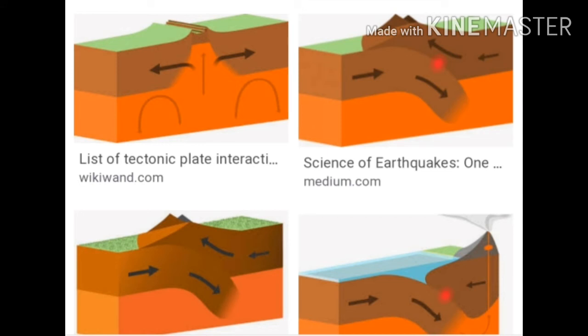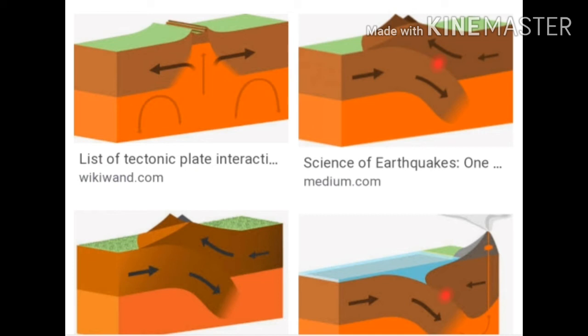Now we see in the first picture the arrows are moving away. This type of movement is called divergent boundary, where the plates move away from each other. In convergent, we already know they are moving towards each other. In this type of movement, mountain-like features arise on the landform.